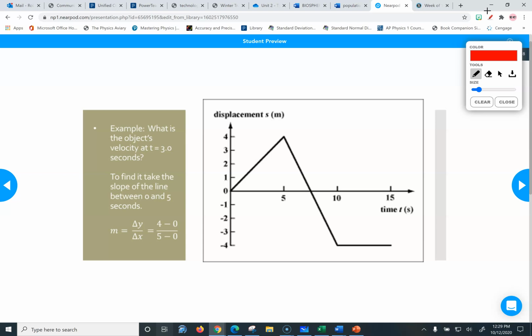So you can just pick any 2 points. So for our example over here, we just chose this point and this point. Okay, so you'll end up with 4 over 5 or 0.8 meters per second. And again, it's a positive slope, so it means it's moving to the right along this portion.